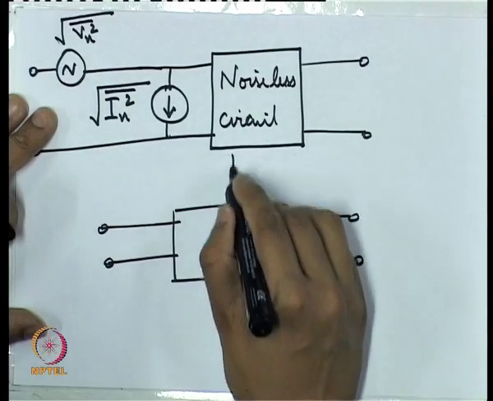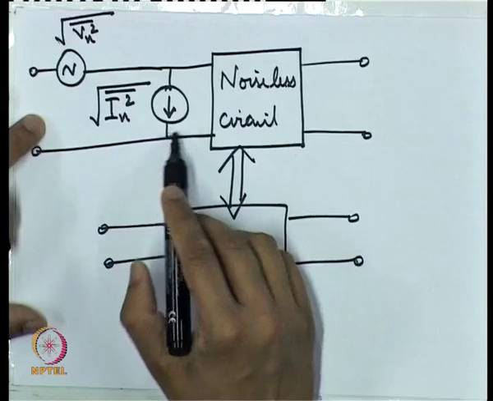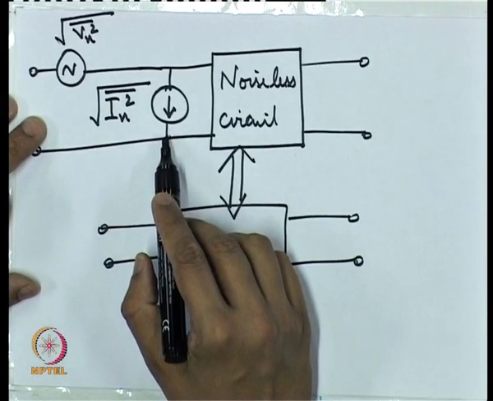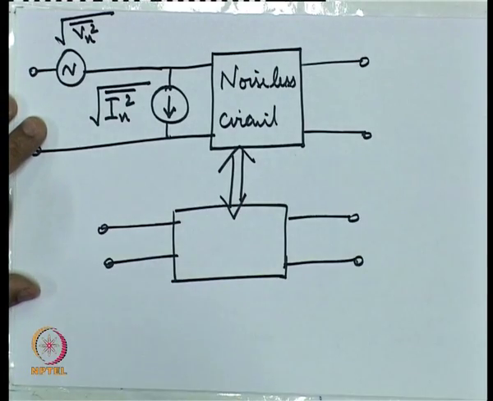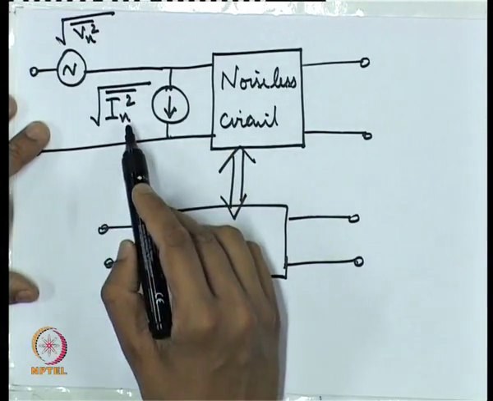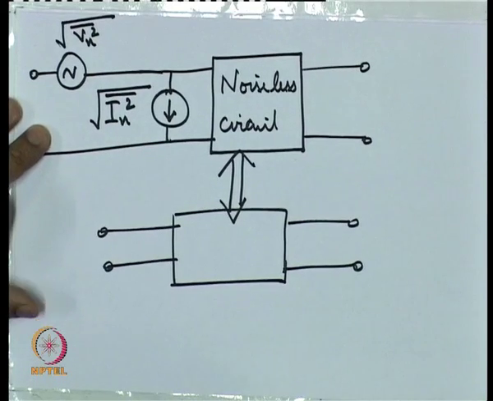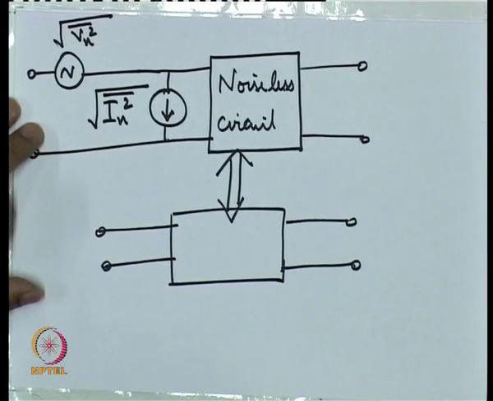To go to a noiseless circuit, we make a transformation like this. The derivation of the values of Vn and In is given in Appendix L of the book by Gonzalez. Please go through it.